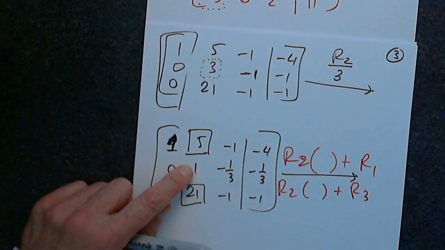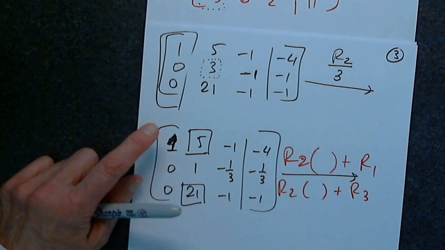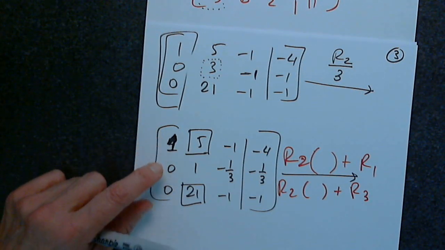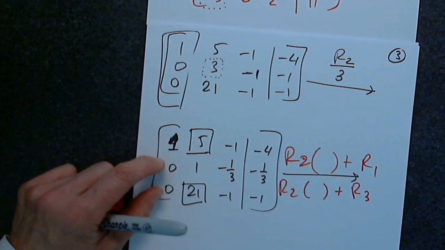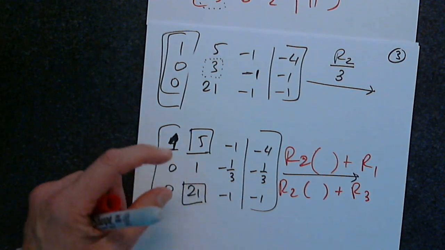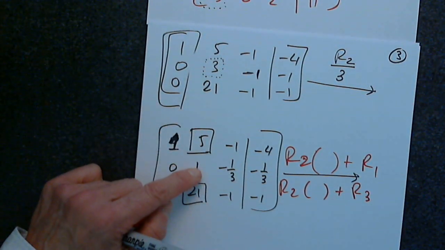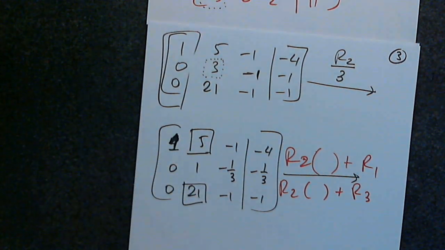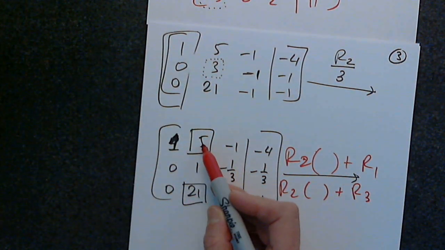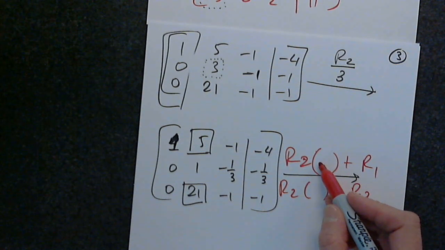This is the key. Like it was here. This is the key for this column, so I can get the zeros. Now this is the key that will help me determine the zeros, or get the zeros. If I don't have this 1, I cannot get the zeros. So what do I multiply 1 by to eliminate the 5? Good.